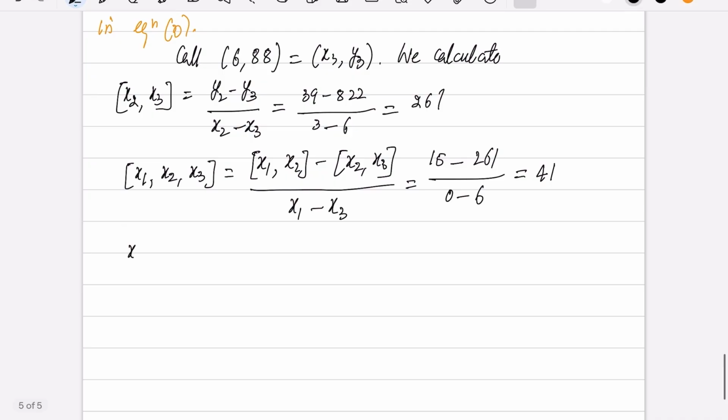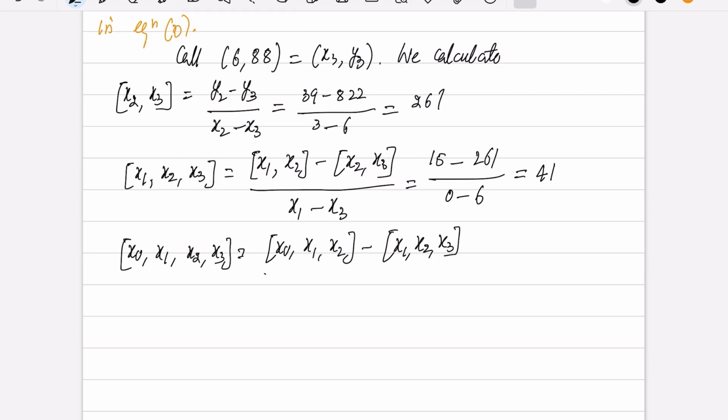And similarly we will compute [x0, x1, x2, x3]. Now by definition this will be equal to [x0, x1, x2] minus [x1, x2, x3] whole divided by x0 minus x3. Now using all the values, this becomes 5.